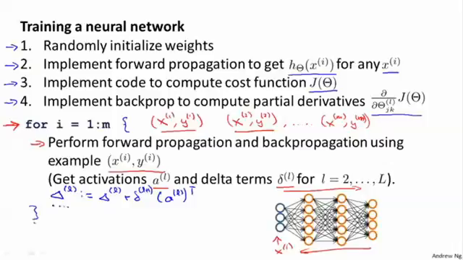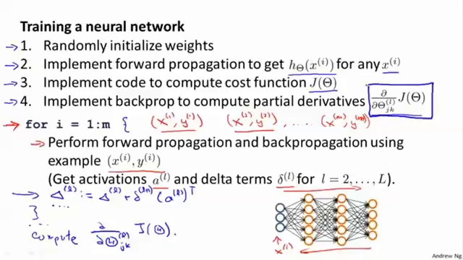And then finally, outside the for loop, having computed these delta terms, these accumulation terms, we would then have some other code, and that will allow us to compute these partial derivative terms, right? And these partial derivative terms have to take into account the regularization term lambda as well. And so those formulas were given in an earlier video. So having done that, you now hopefully have code to compute these partial derivative terms.